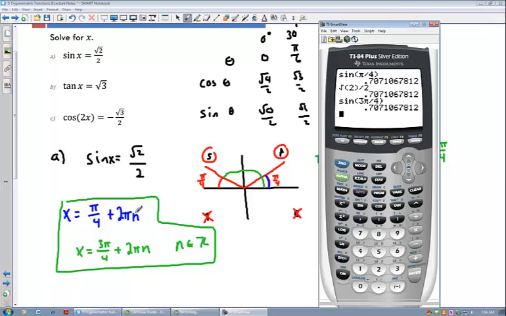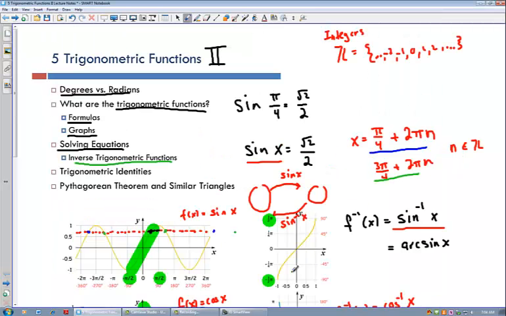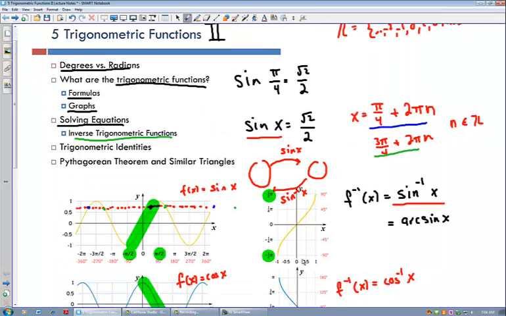Remember, what's really going on, if you think about this on the graph, I actually switched the colors, but that first answer is finding this point, and then you add 2 pi's to it, or take away 2 pi's, and you get that point, and so on. And then the second answer is giving you this point.